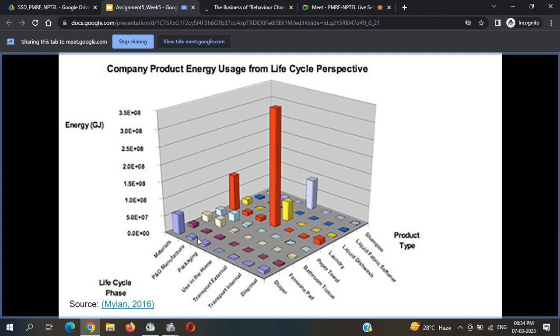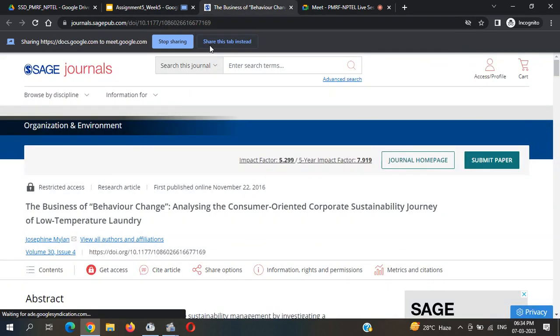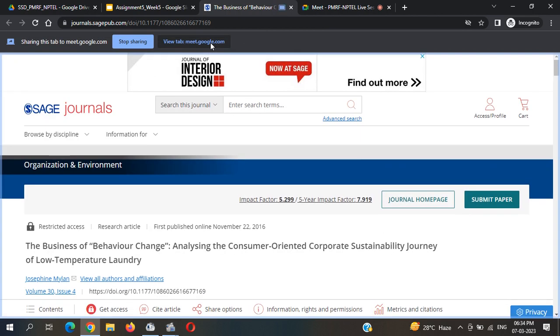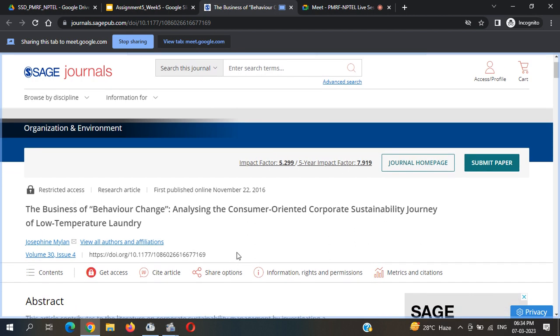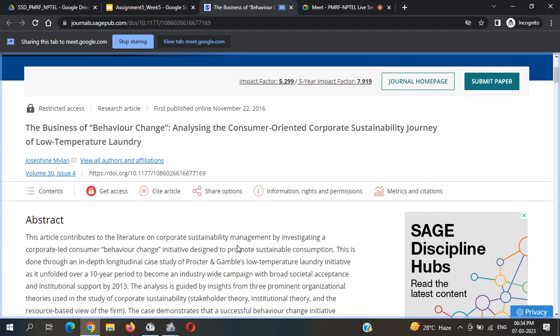This again is a study for P&G only. So during the manufacturing, then packaging, then the use, then transportation, and disposal, everything. I could not find the study referred to in the question, but you can refer to this study if you want to see more about how these calculations have been done and how they've calculated the energy usage for different products in different stages of their life cycle.